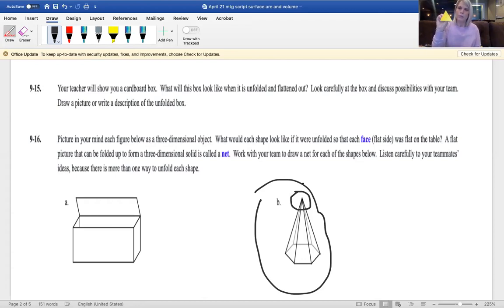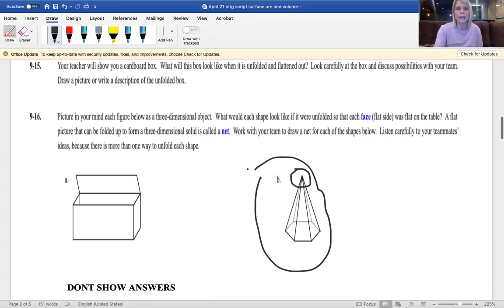So pyramids only have 1 base and they're named by the bases. And then notice that the sides are always, see how these faces are always triangles, but it's named by its base. So you have a triangular pyramid, you have a square pyramid, and B is called a hexagonal pyramid.